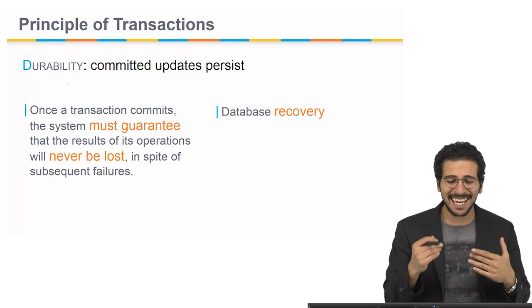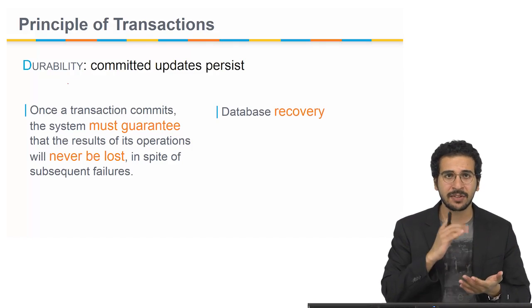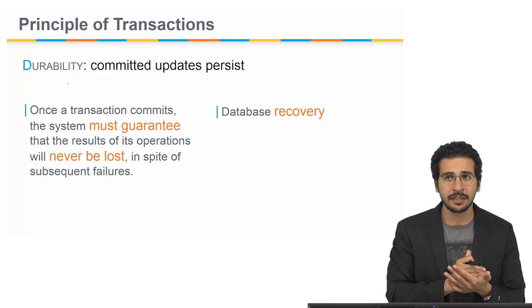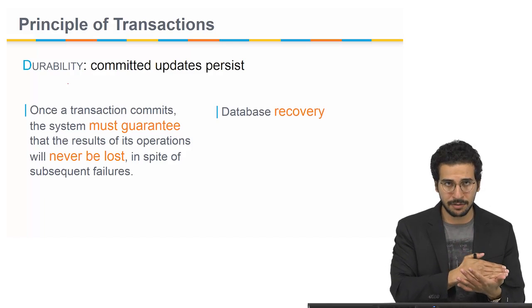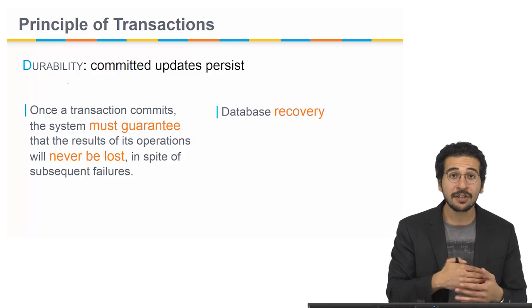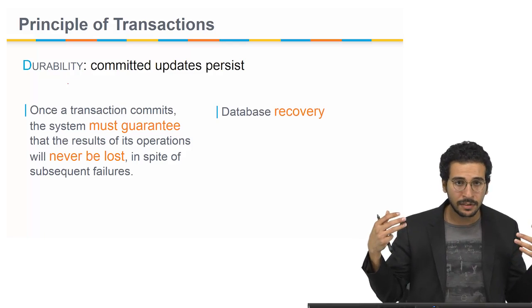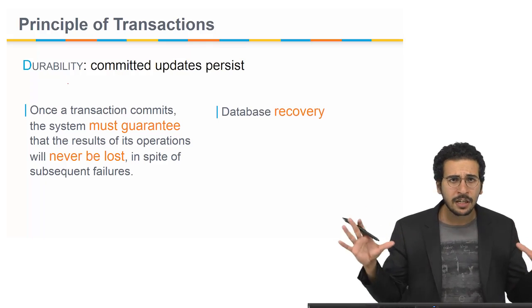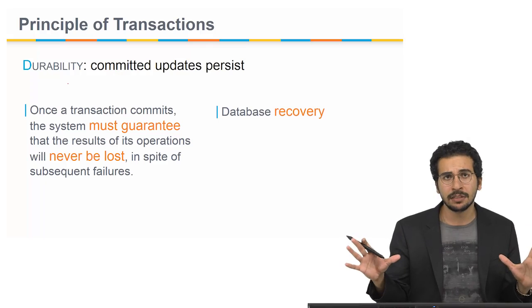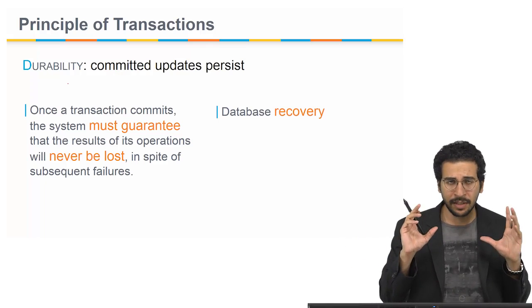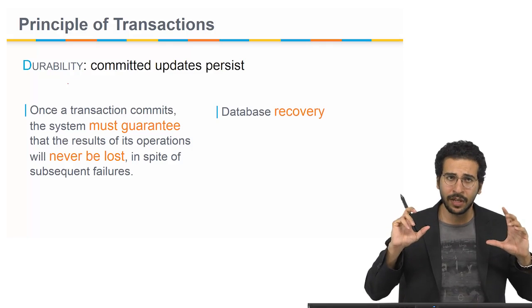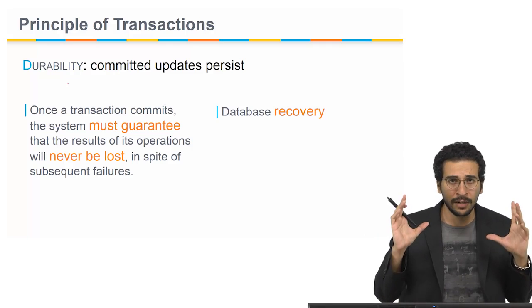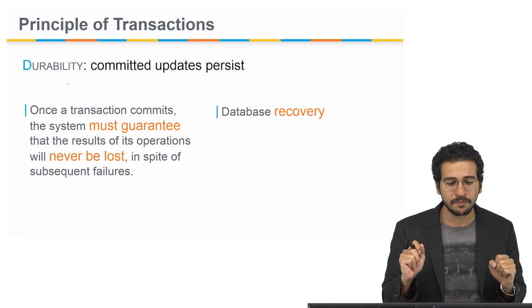In other words, when the database system says that all the updates in the transaction are committed, it has to be true to its word, even with the existence of system failures. If the computer fails, if there is any crash, or whatever kind of failure happens, if the database system said we committed the updates, that means the user will have committed updates. So these updates are persistent in the database.